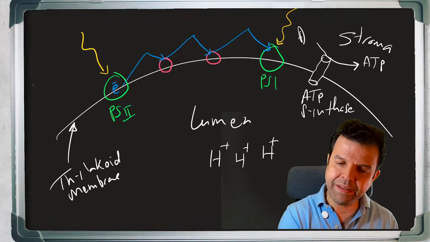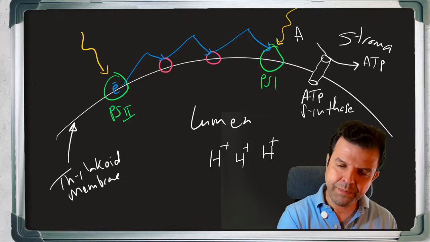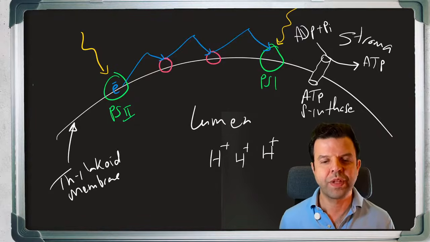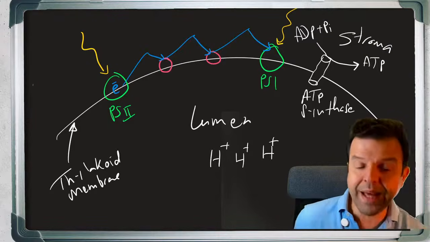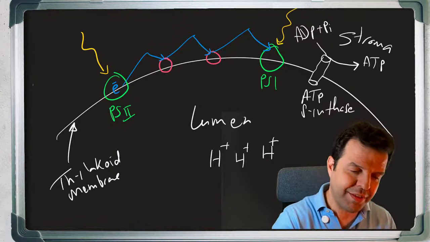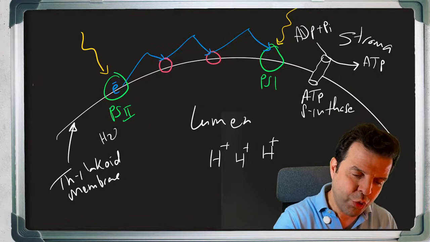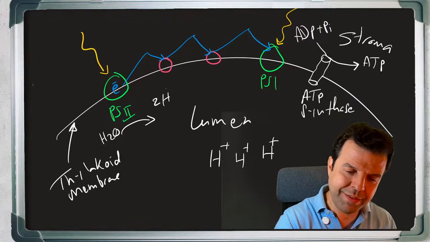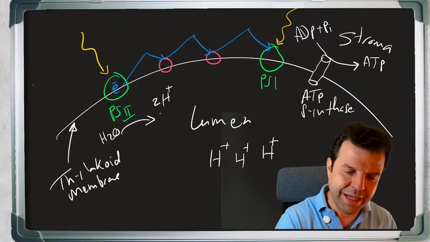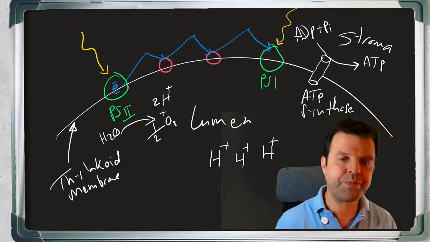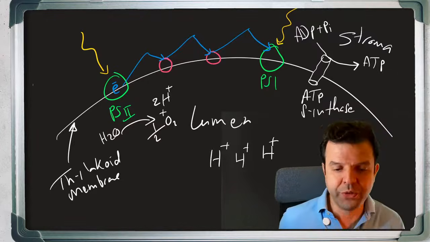Here I have ADP and phosphate. Okay? I'm only missing one last thing, which is the inputs. I need hydrogen ions. So I'm going to put H2O split to 2H plus, 2 hydrogen ions. And to balance the equation, I'm just going to put half oxygen. Photolysis.